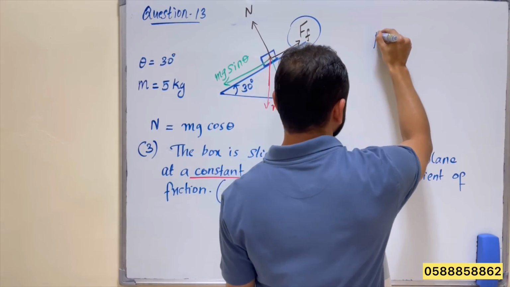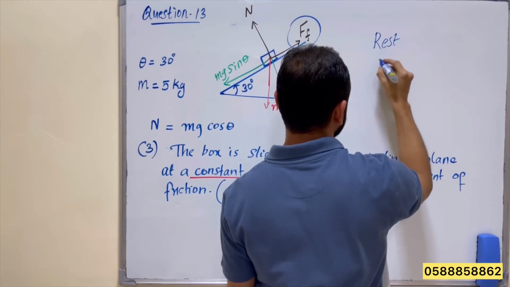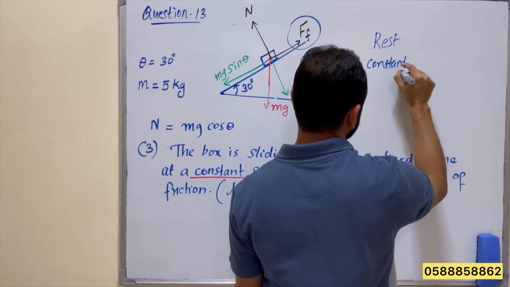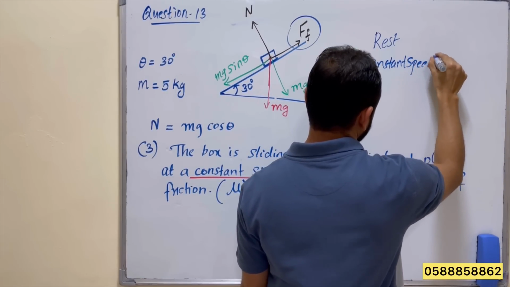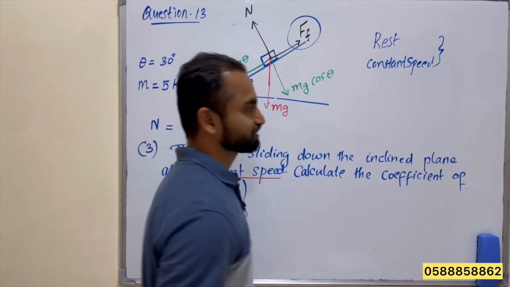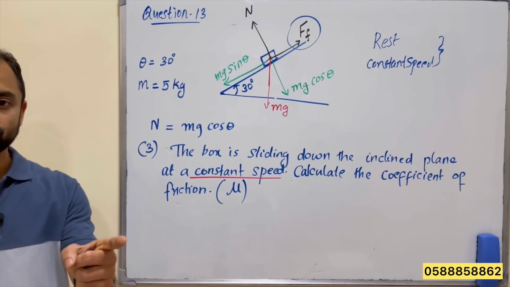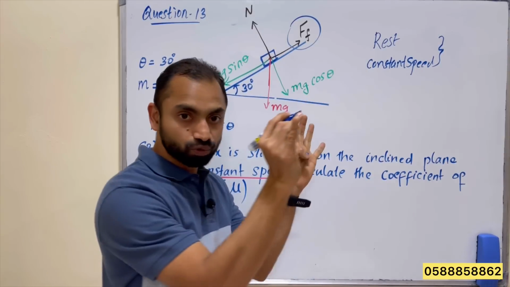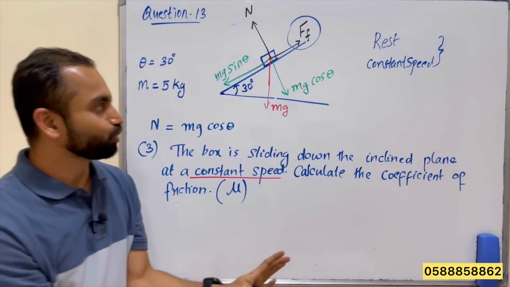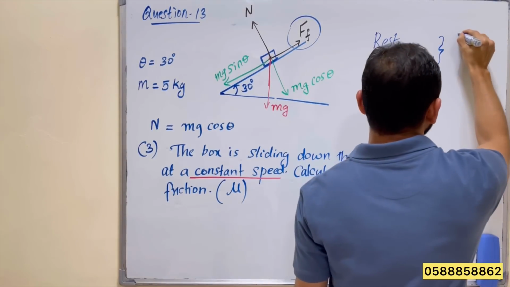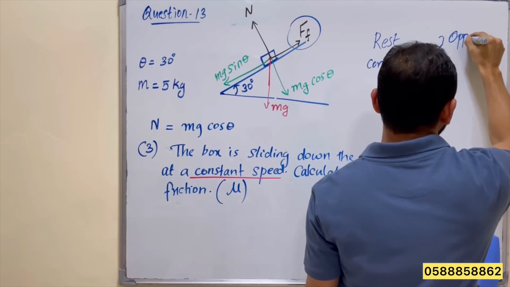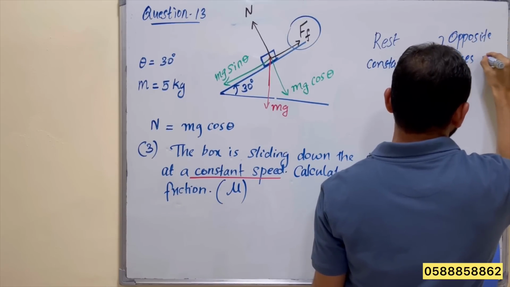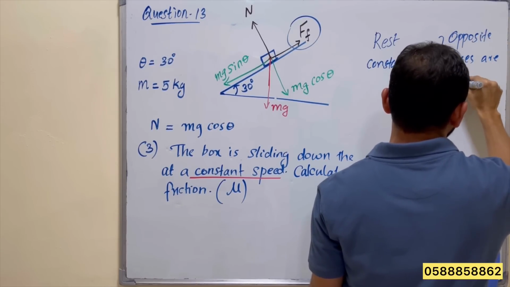If any object is at rest or moving at a constant speed, opposite forces acting on the object are equal.